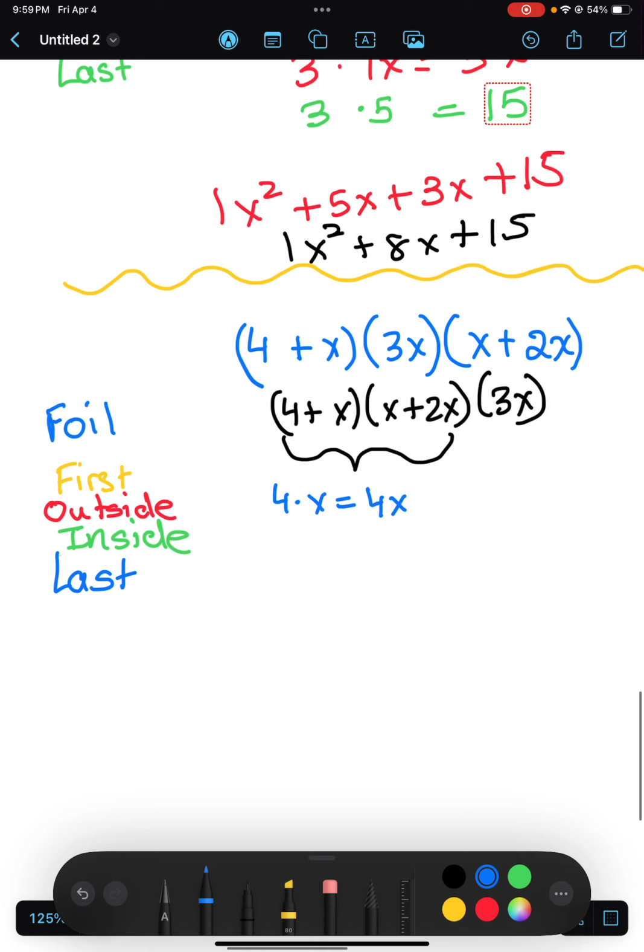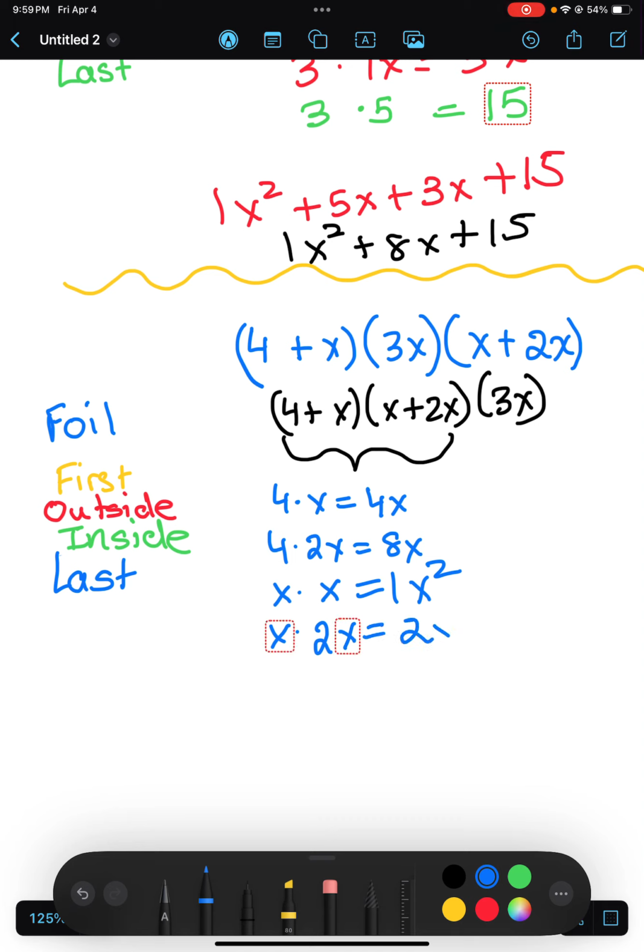Outside is going to be 4 times 2x. That's 8x. Inside is going to be x and x. That's x squared. And then last is going to be x times 2x.